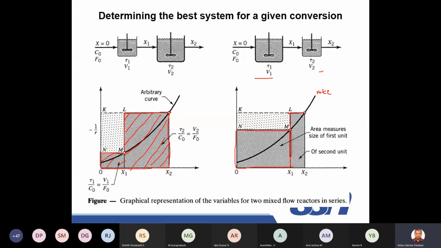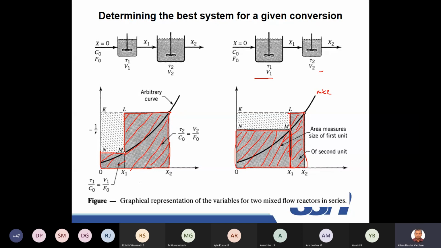This is X1. Right? This is the volume of the second reactor. Again, this entire thing is nothing but the volume of the entire reactor series, right? In this, which is better?